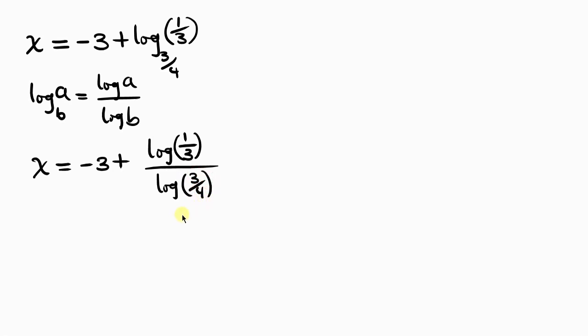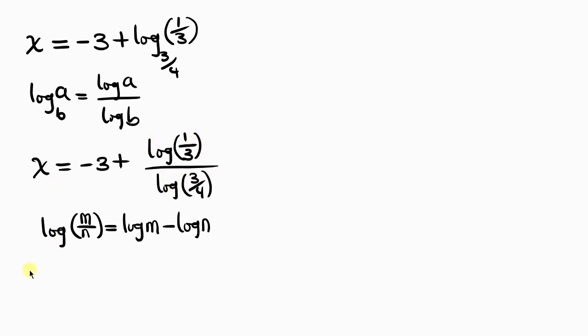Very good. Now, our next step will be for us to apply the division law of logarithm, which says when I have log m over n, this is the same as log m minus log n. And we're going to be applying this to the numerator and also the denominator.